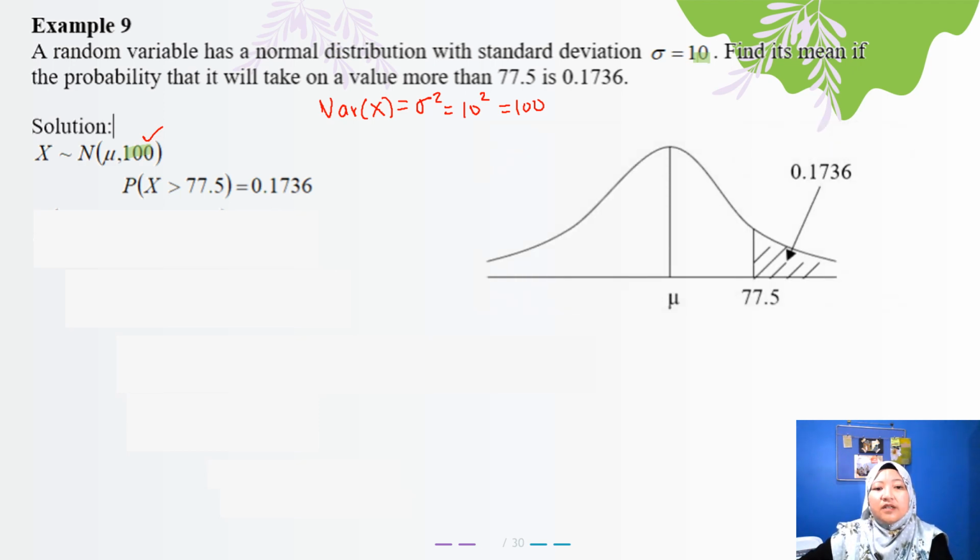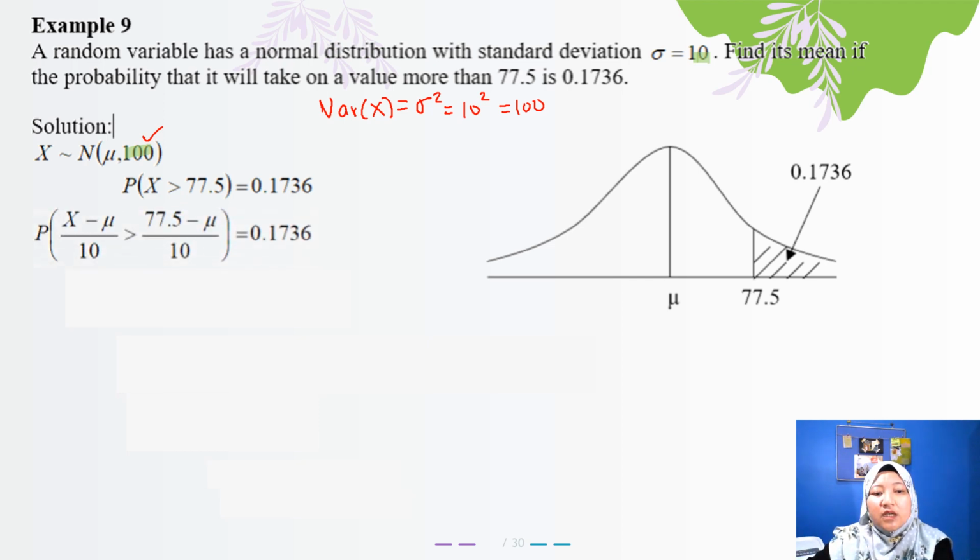Okay, this area is greater than 77.5. Change into z-score. Okay, like this.